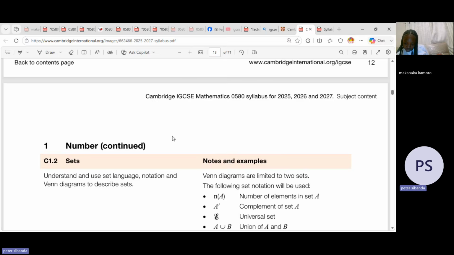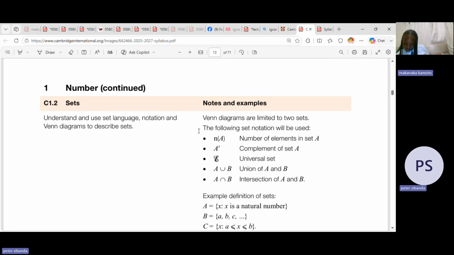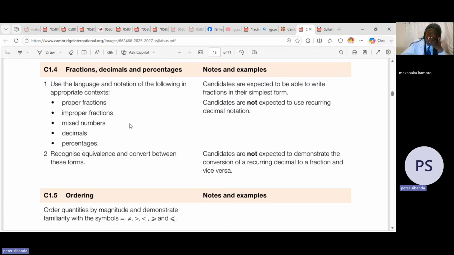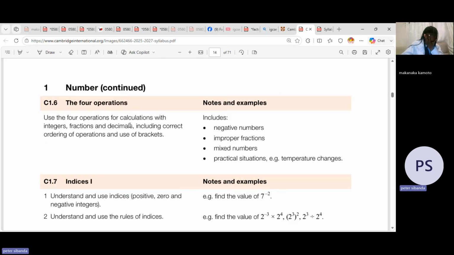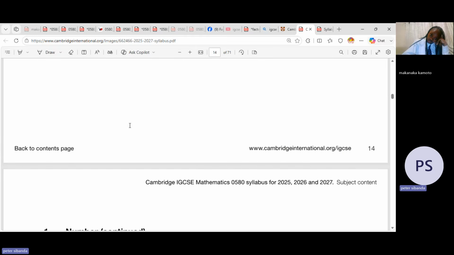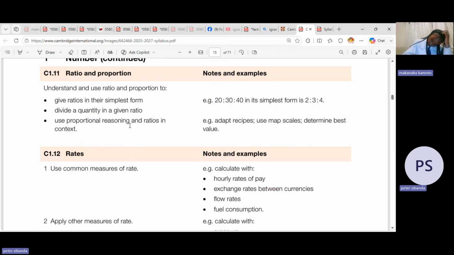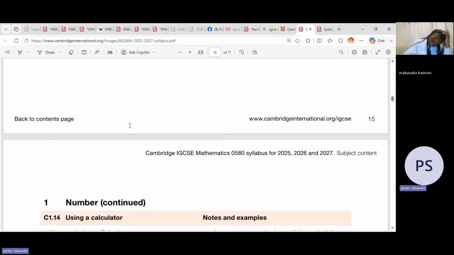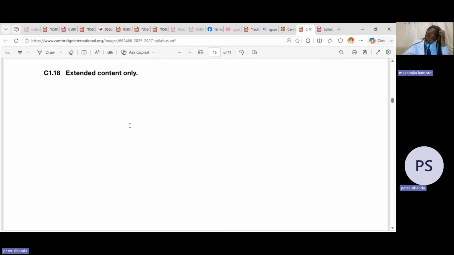These are numbers: continued fractions, decimals, ordering, indices, standard form, estimation, limits of accuracy, ratio, rates, percentages.